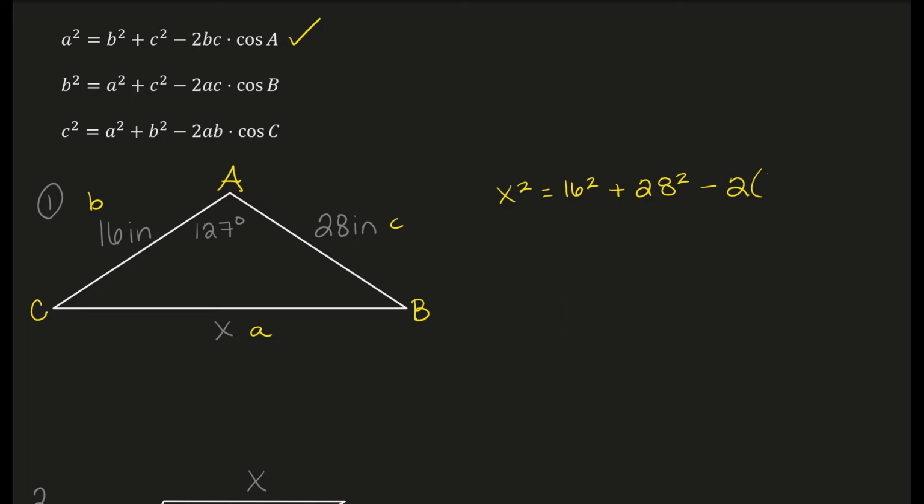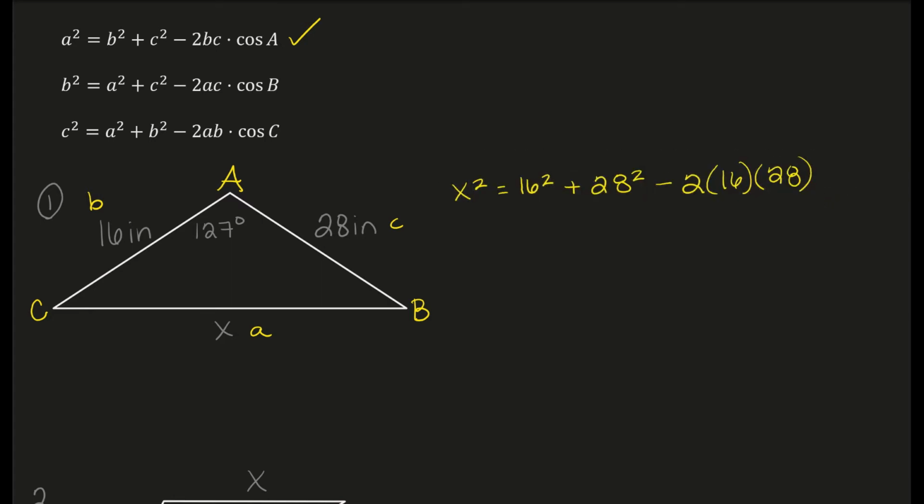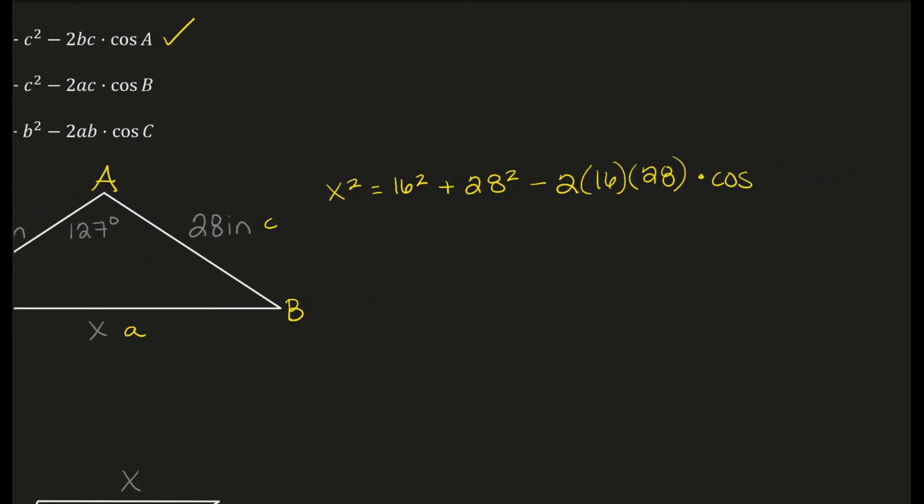So here we'll say 16 times 28. And then we'll multiply this by the cosine of angle A. So I'll bring this over here so we have a little bit more room. So we'll multiply by the cosine of angle A, which is 127 degrees.